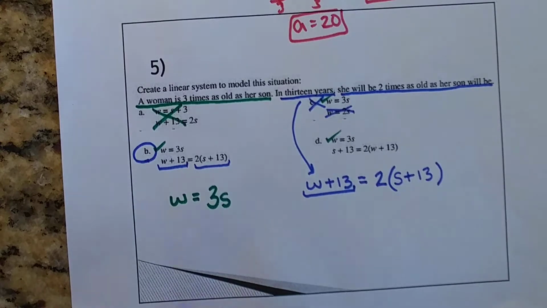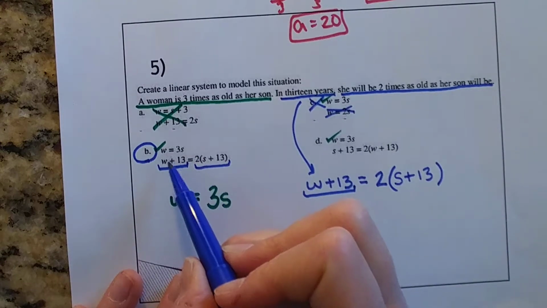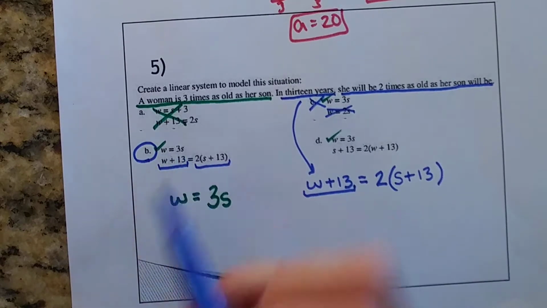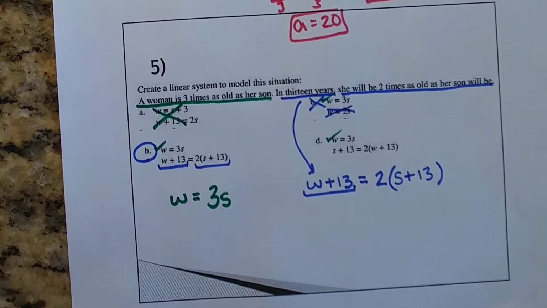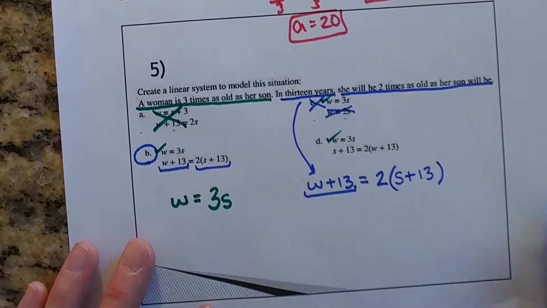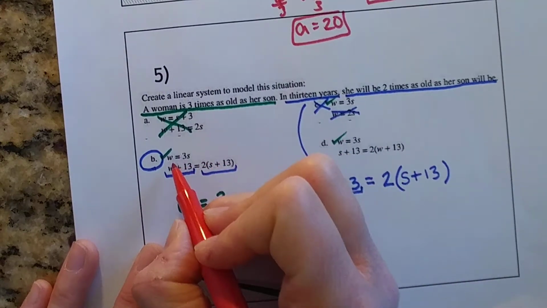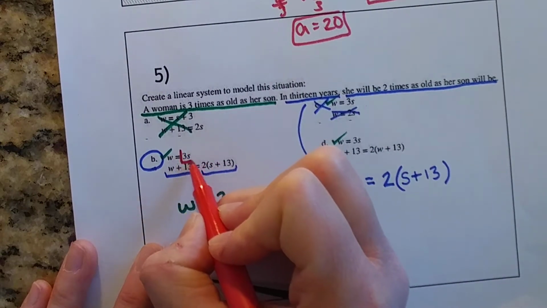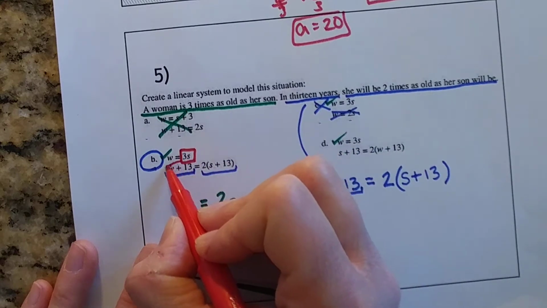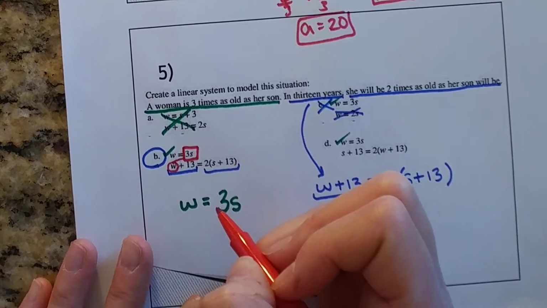Okay, so we've got this first equation here. The woman is 3 times as old as her son. I think I'm going to use substitution. I'm going to check and see if this works. W is 3s. So I'm going to take the 3s and replace it into the other equation right in here for w.